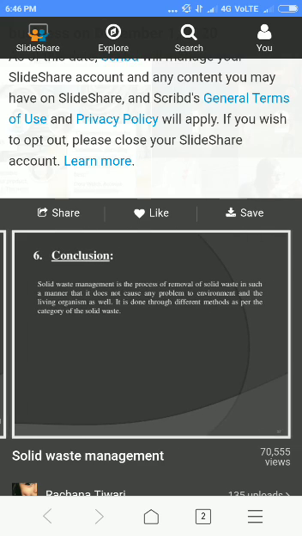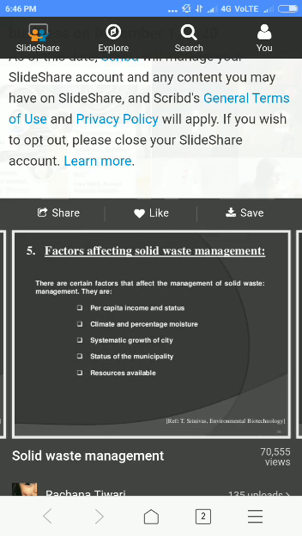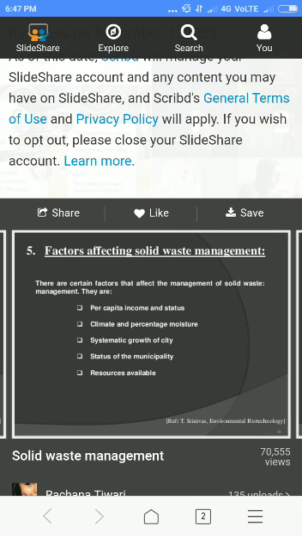So in this way, by considering these factors, we have to plan for proper solid waste management practices also. While there are some technologies such as RFID, that is radio frequency identification techniques, then GPS tracking system, and these are also some suitable techniques on which we have to focus for the solid waste management practices.